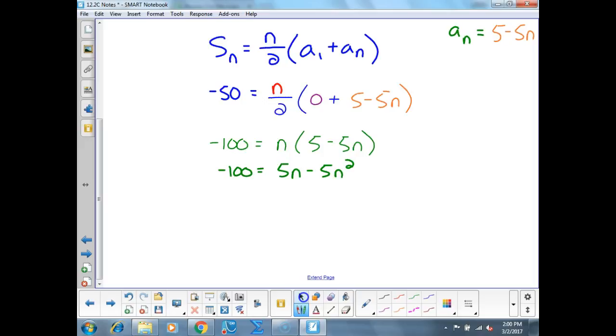Then, because now I have a quadratic, I'm going to get everything onto the left side because I need to get it equal to 0. So now I could factor out a 5.